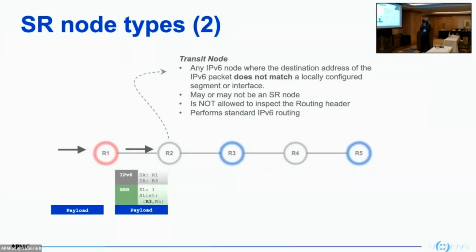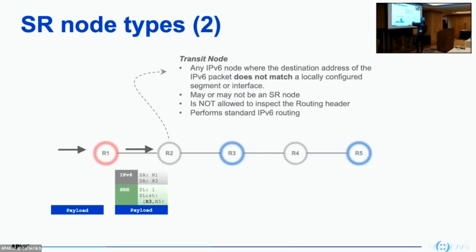R2 now becomes a transit node, and a transit node does not need to look at the segment routing headers. It will just look at this header and work as a normal IPv6 packet. It does not even know that I'm dealing with an SRv6 packet, because it does not read this. It just looks at this. My source is R1, my destination is R3. So I'm going to take my routing table, look at the routing and just go to the path.